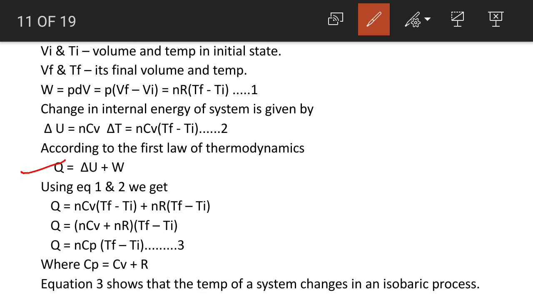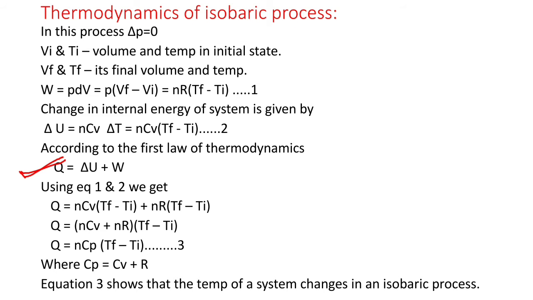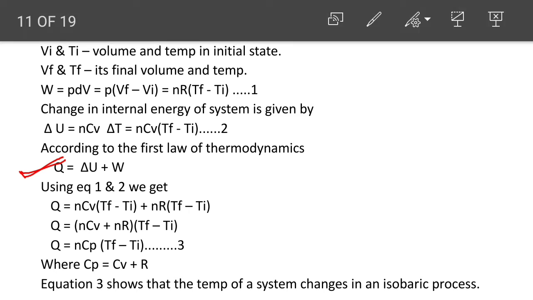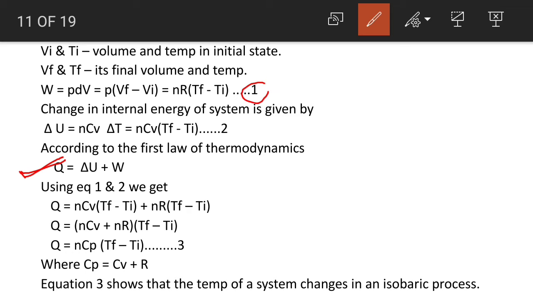Now according to the first law of thermodynamics, Q is equal to delta U plus W. Using equations number 1 and 2, we get Q is equal to nCv into (Tf minus Ti) plus W, which is nR into (Tf minus Ti).